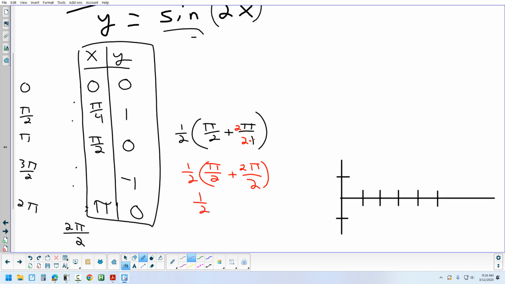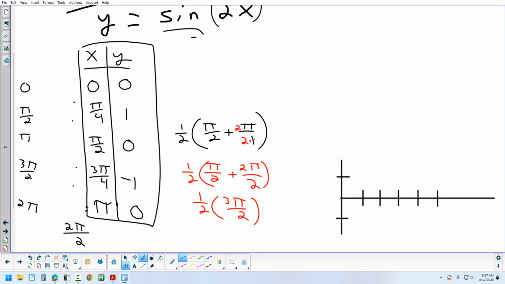What's 1 pi over 2 plus 2 pi over 2? 3 pi over 2. And now, what's half of 3 pi over 2? 3 pi over 4. We just multiply straight across.